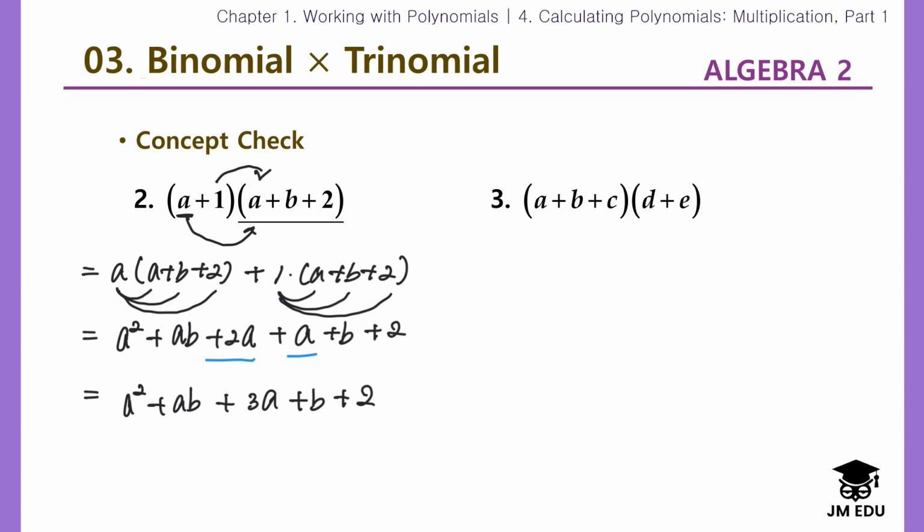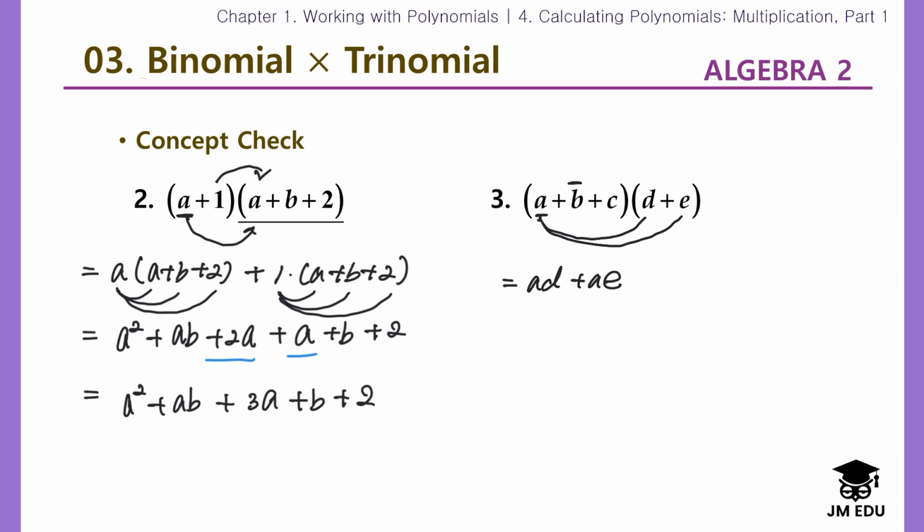Now here we have trinomial times binomial. Same way as the first concept check problem. Starting from A times D, A times E, so that's AD plus AE.